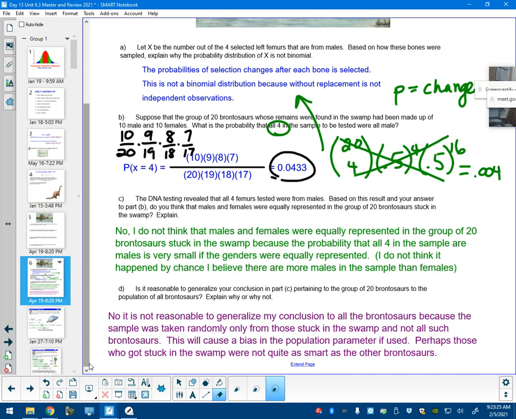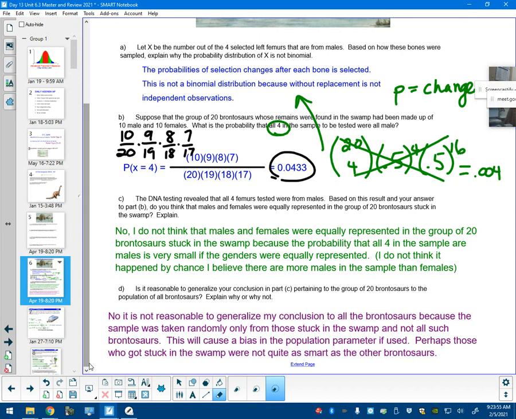And then for part D, it says, well, can you generalize the results of this little survey experiment? I guess it would be excavation to all brontosauri in the world. And the answer should be no, because we only took randomly from those in the swamp. And that's the other thing I forgot to mention up here. Part A, you might think it is independent because they randomly selected the bones.